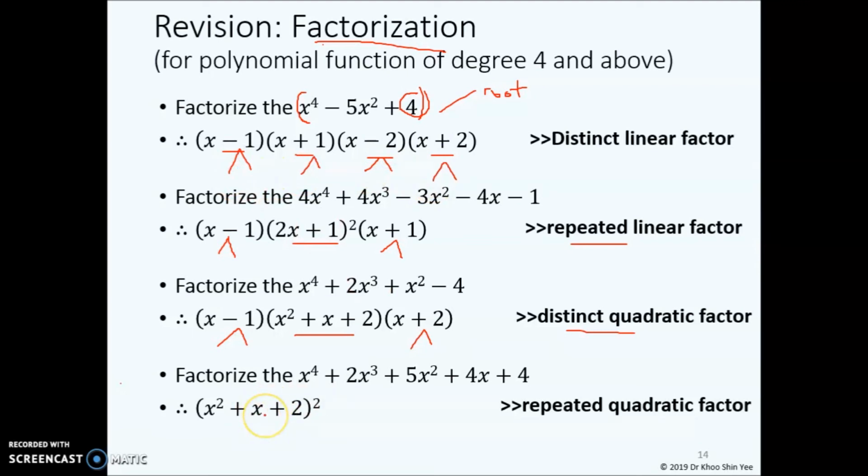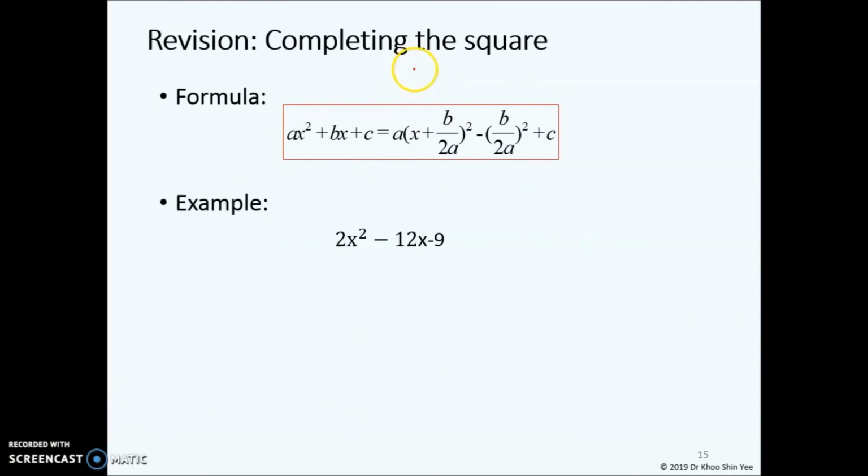So for the last case, if you have no linear factor, then you have to proceed with the case to find the quadratic factor. You also learn the completing the square technique. So for example, to solve this, you check, you cannot further reduce it to any factor. Linear factor cannot, quadratic factor is the simplest one so far.